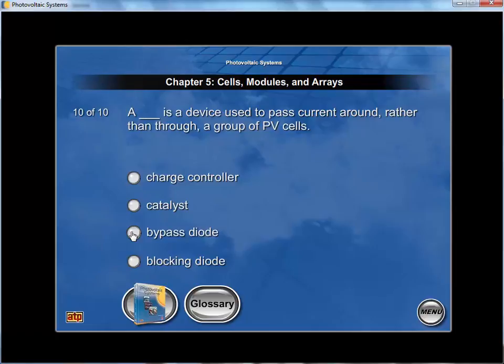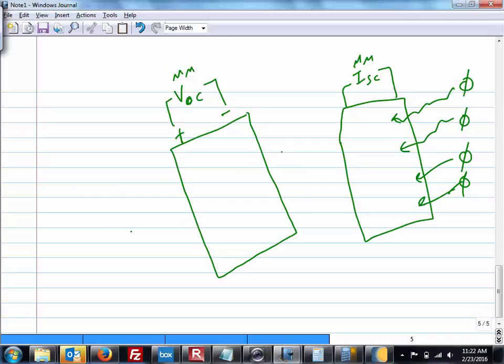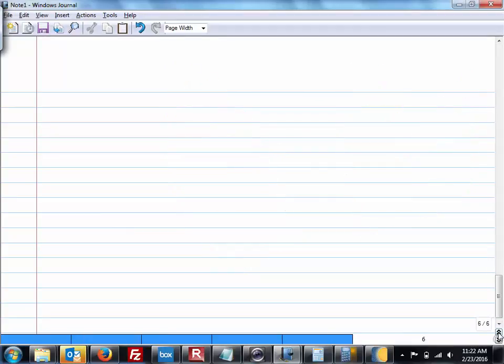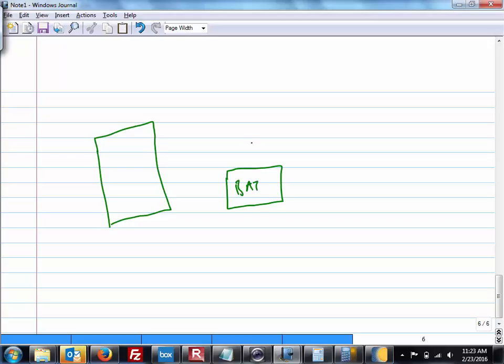Let me draw that up here. So if you've got, and I'm just going to draw this super simply, I'm going to leave out the charge controller and the inverter and all that for now. I'm just going to put in the battery and the array.